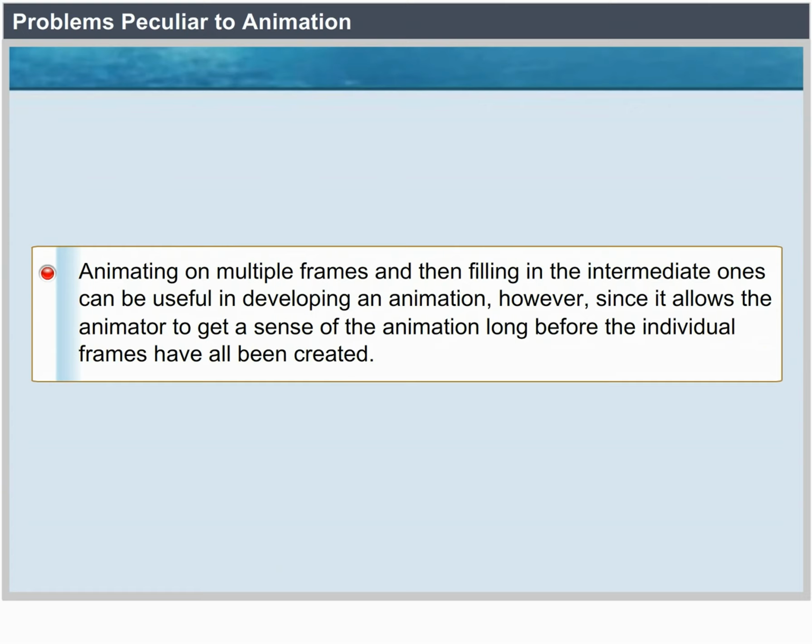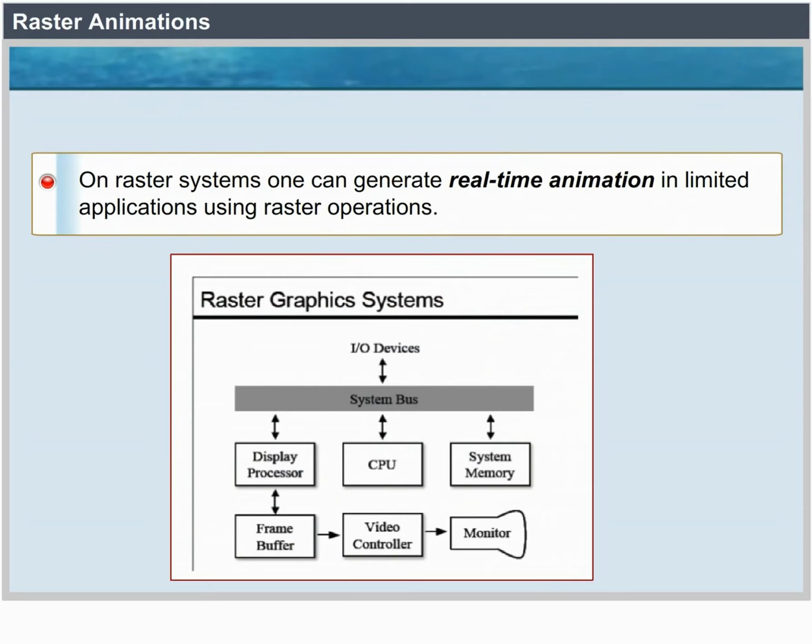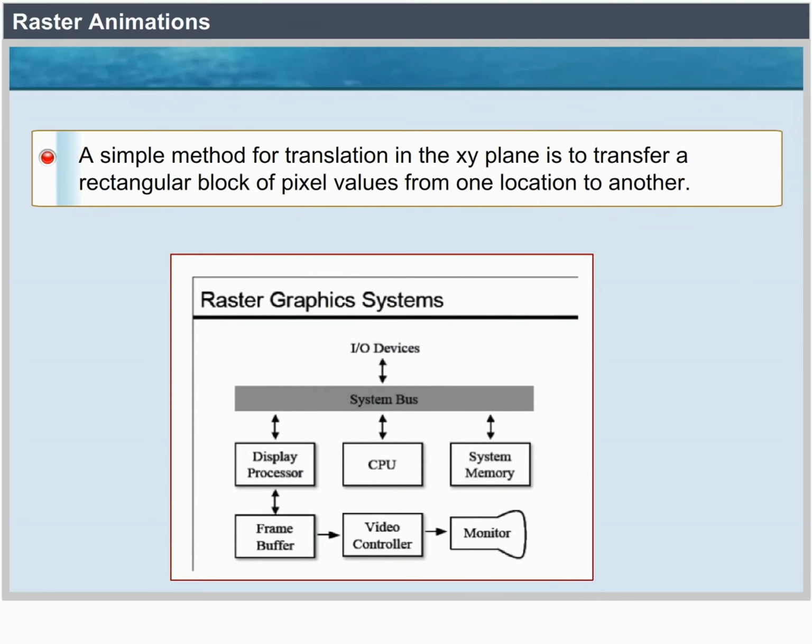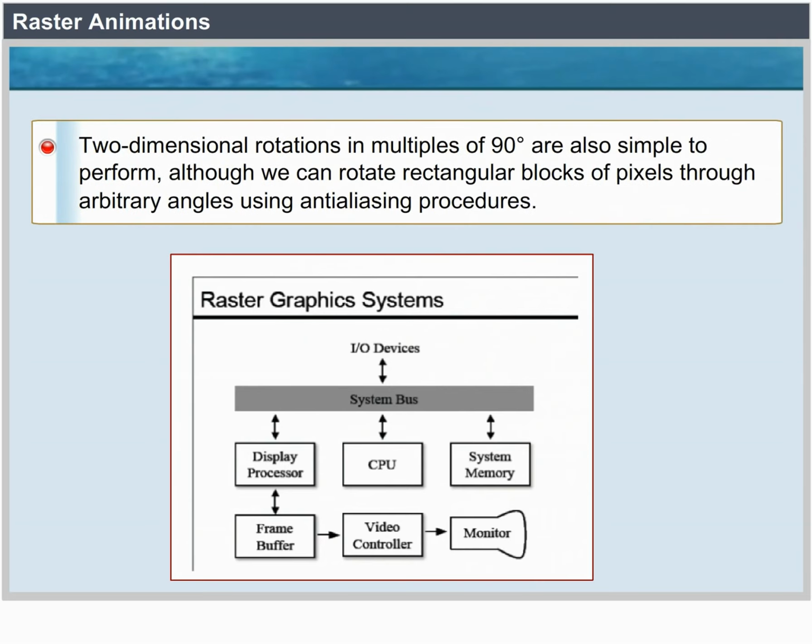Raster animation. On raster systems, we can generate real-time animation in limited applications using raster operations. A simple method for translation in the XY plane is to transfer a rectangular block of pixel values from one location to another. Two-dimensional rotations in multiples of 90 degrees are also simple to perform, although we can rotate rectangular blocks of pixels through arbitrary angles using anti-aliasing procedures.